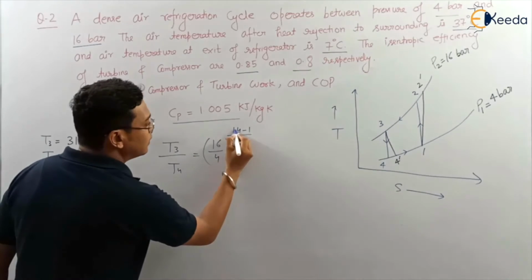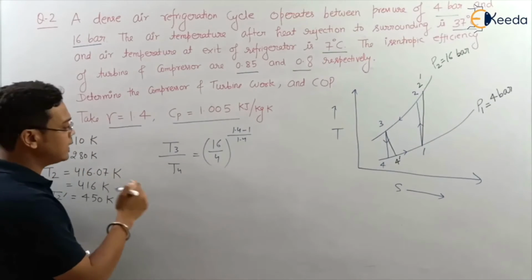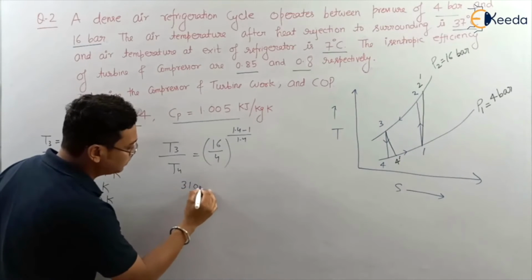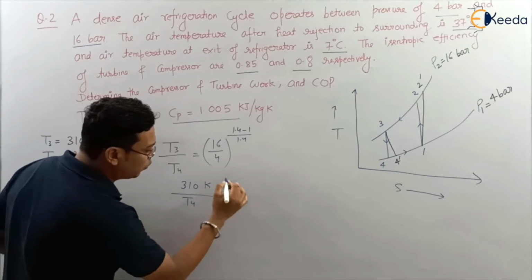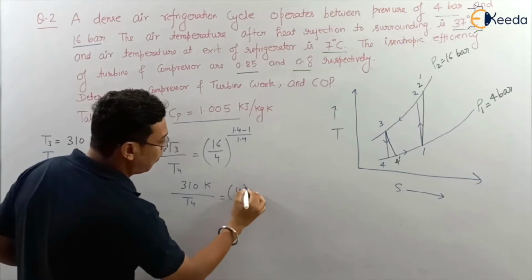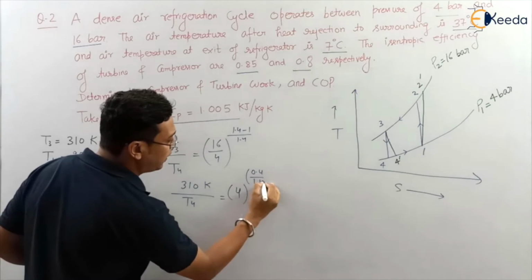Okay. So T3 is 310 Kelvin divided by T4, that will be 4 to the power 0.4 divided by 1.4.